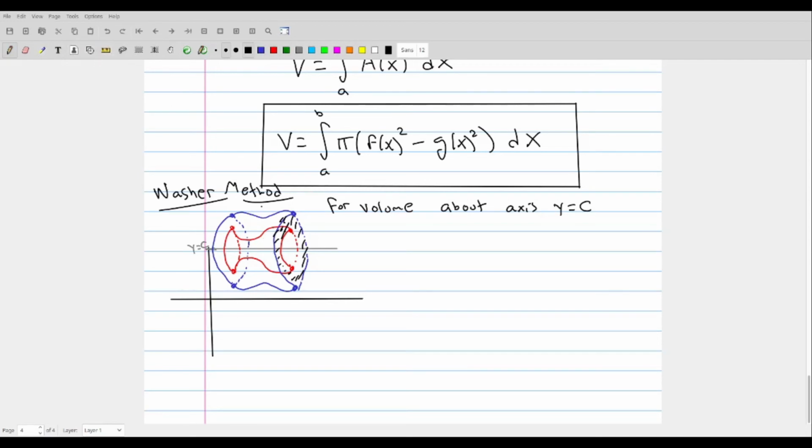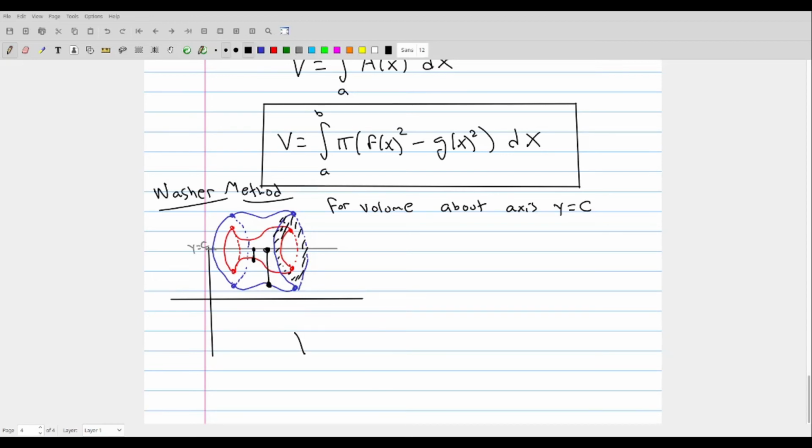So for instance, the inner radius now is going to be c minus f of x, our top function, and our outer radius is going to be c minus g of x. So that's that distance right there.